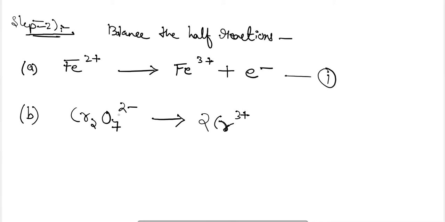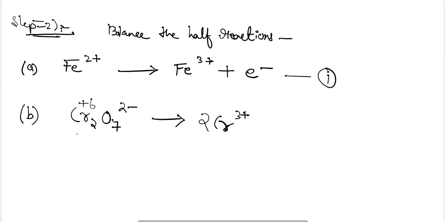Then after that, we will see that on the product side, 3 plus is the oxidation state for chromium, but on the reactant side, plus 6 is the oxidation state. So here, what will we do? We will just add 6 electrons, because here 3 plus is there, and for 2 chromium it will be 6 plus.